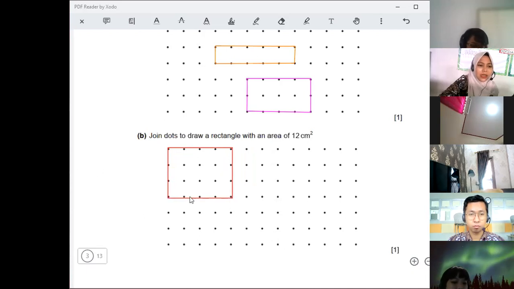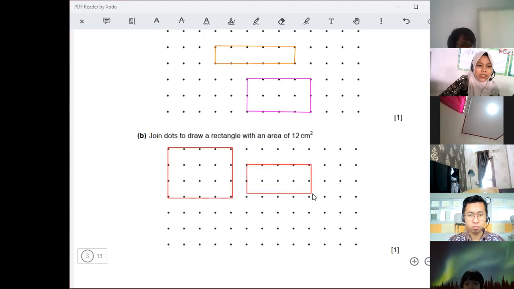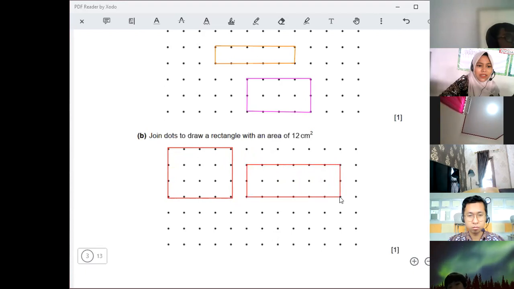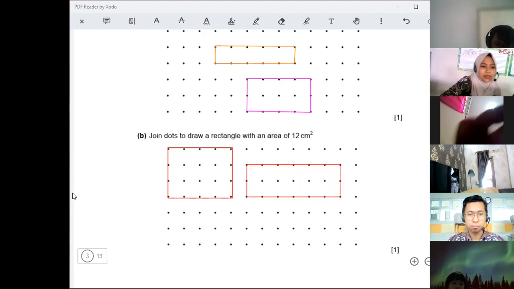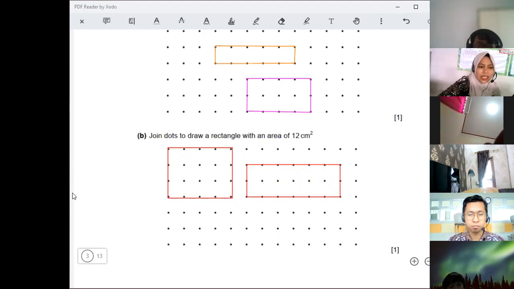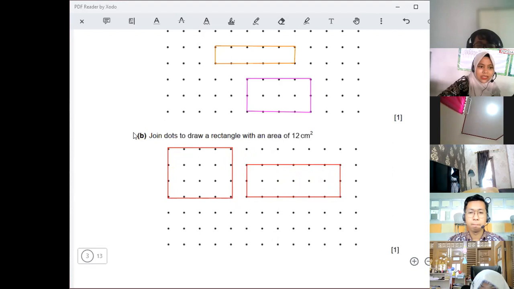And then what else? 2 and 6, yeah. 2, 1, 2, 3, 4, 5, 6. Is it correct? And then is there any other idea? Is it done? Only that one?